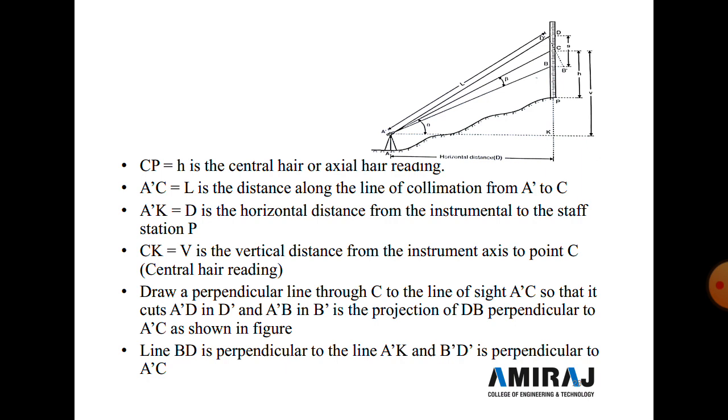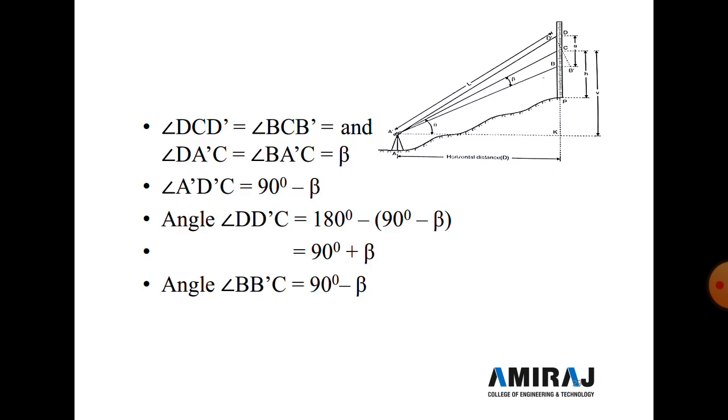Now line BD is perpendicular to the line A dash K, and B dash K is perpendicular to A dash C. Now we take the triangle DCD dash, this small triangle DCD dash is equal to BCB dash. So there are these two triangles, and in both triangles DA dash C and BA dash C, the angle is beta.